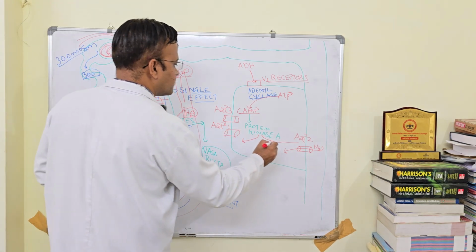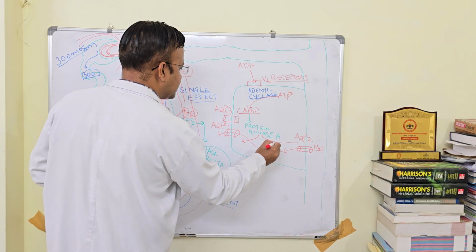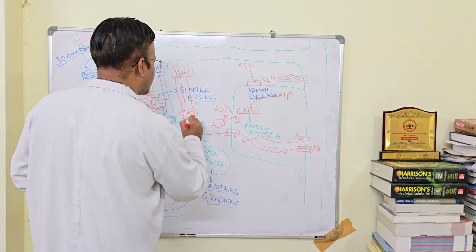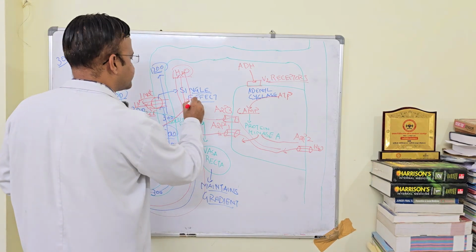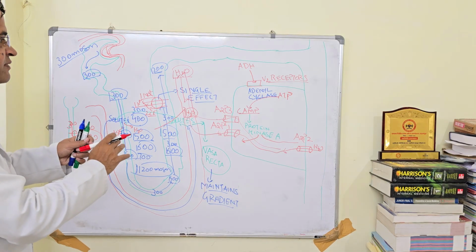And where will all this water go? This water will go through aquaporin 3 and aquaporin 4, and it will be reabsorbed into vasa recta. So this is how collecting duct and vasa recta are coordinating with each other.